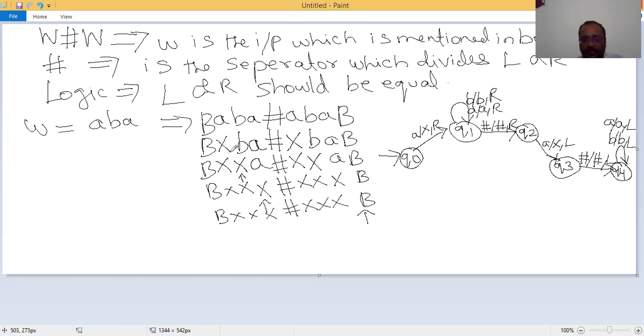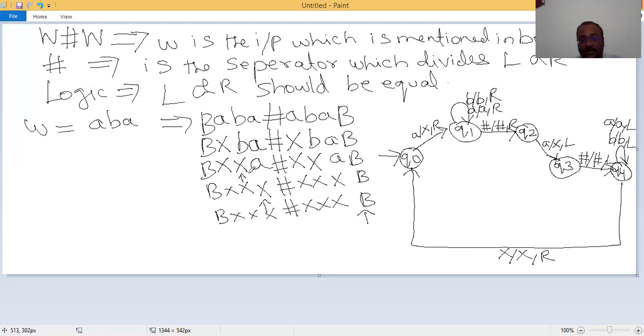Now after moving to the left hand side, you will be encountering the first X. Now this X will be mentioned as X and move to right hand side. Now you are having B.